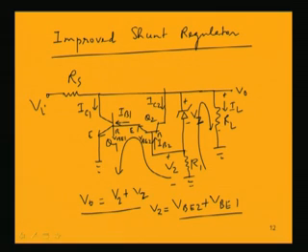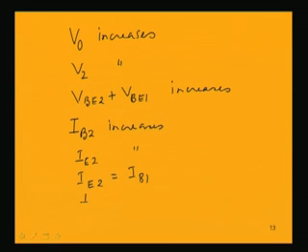So the base current in the first transistor also increases, and base current in the first transistor increases means collector current in the first transistor also increases. So IB1 and IC1 increase.